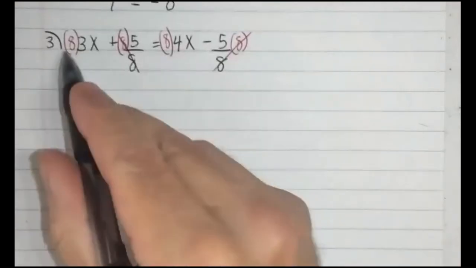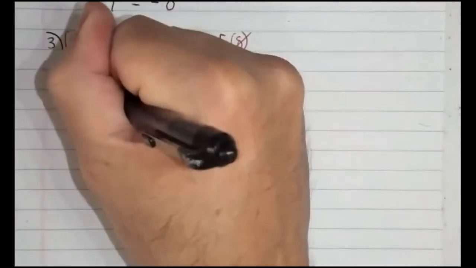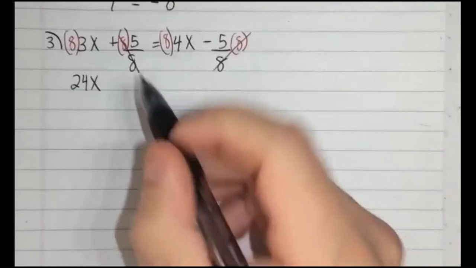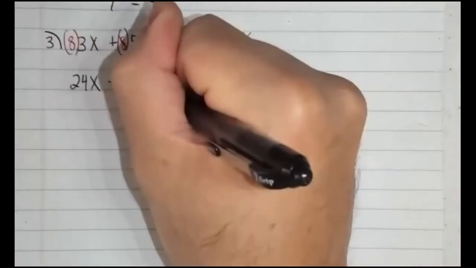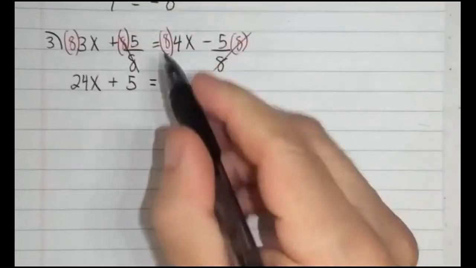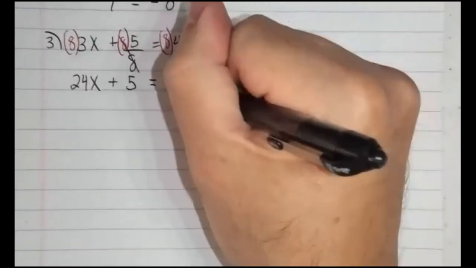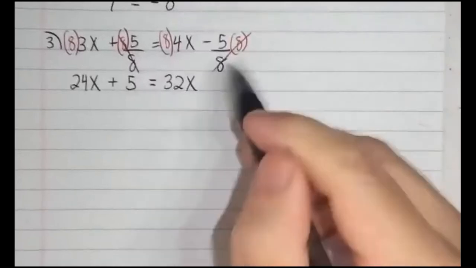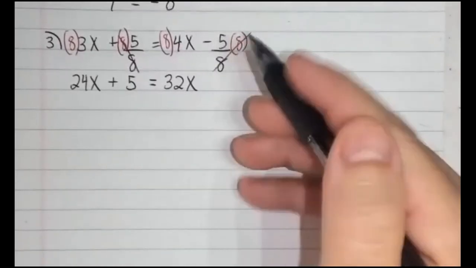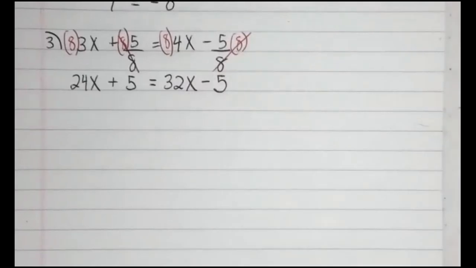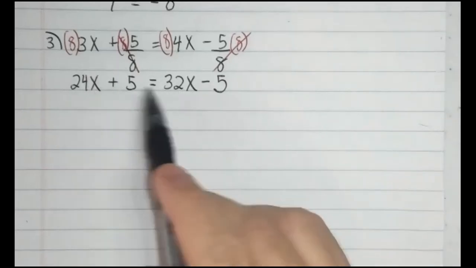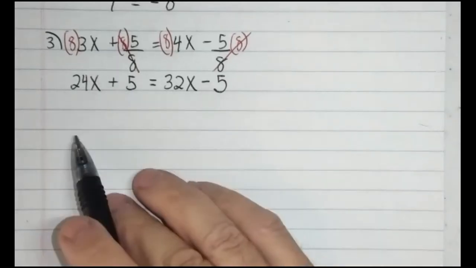Not a big deal. 8 times 3x gives me 24x. On this one, those 8s cancel, so I'm just left with the value in the numerator, which is 5. 8 times 4x would give me 32x. And again, the 8s cancel here, so I'm just left with the minus 5. Our next step is that we notice we have variables on both sides, so I have to eliminate one of them.